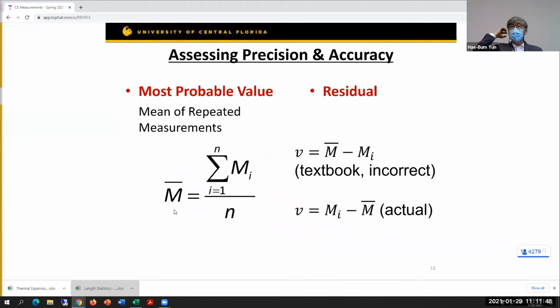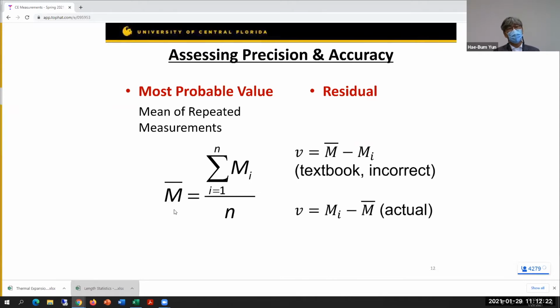And I defined the error as observation minus true value, right? But the problem is we don't know the true value. So we need to guess what the true value is. And when we do the guessing, we want to make a good guess, okay?